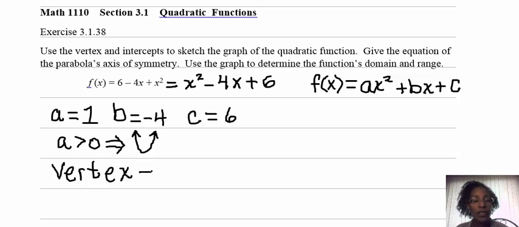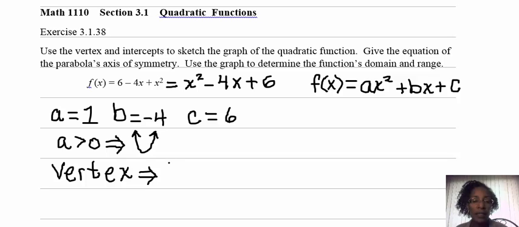If the parabola were downward opening, the vertex would be the highest point. So in this case, the y value of the vertex is a minimum. If the parabola had been downward opening, the y coordinate of the vertex would have been a maximum.